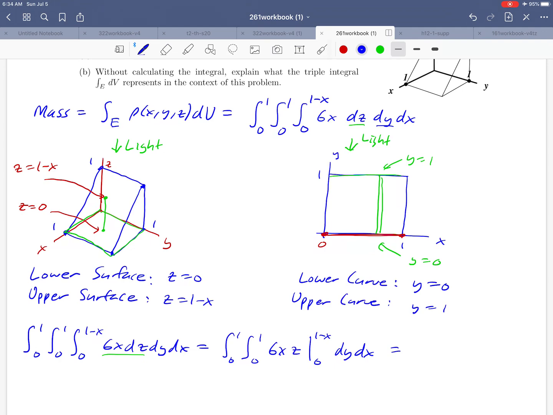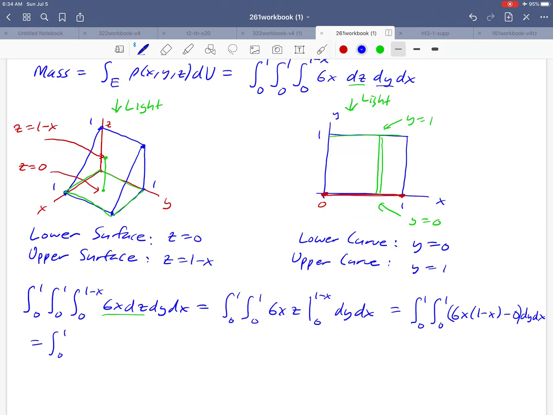Let's go ahead and fill in our z values. If we plug in z equals 1 minus x, we're going to get 6x times 1 minus x. If z is 0, we're just going to get 0, and so we're going to get that times dy dx.